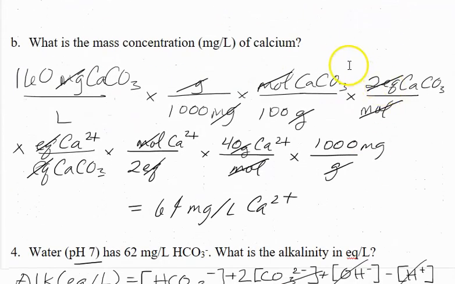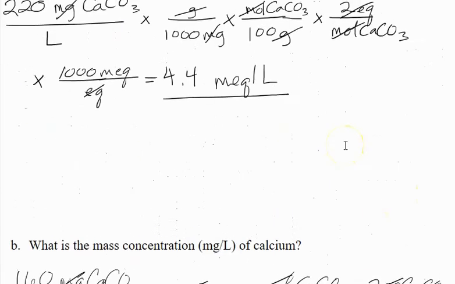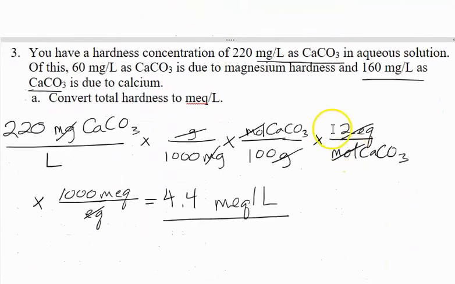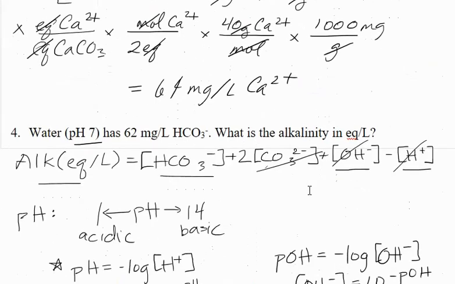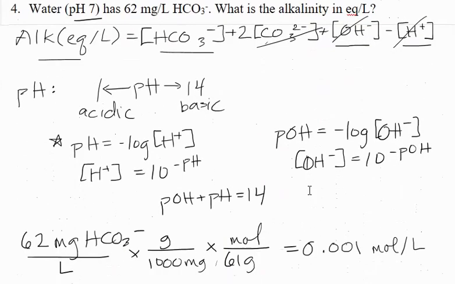Then we looked at the mass concentration of calcium by taking that milligrams as calcium carbonate per liter and converting that into milligrams per liter, which is fairly straightforward. But just remember that I could have also asked you about magnesium, which magnesium hardness can also be reported as milligrams per liter as calcium carbonate, which is weird, but true.